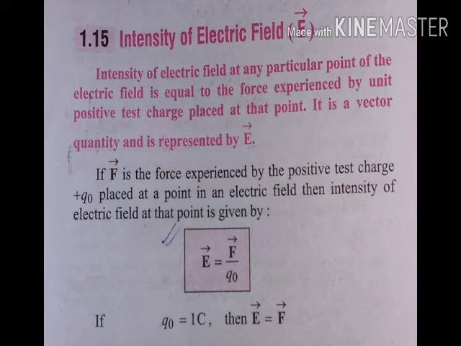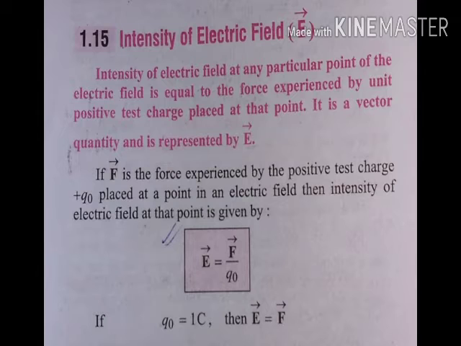Now, intensity of electric field, capital E. Intensity of electric field at any particular point of the electric field is equal to the force experienced by a unit positive test charge placed at that point.